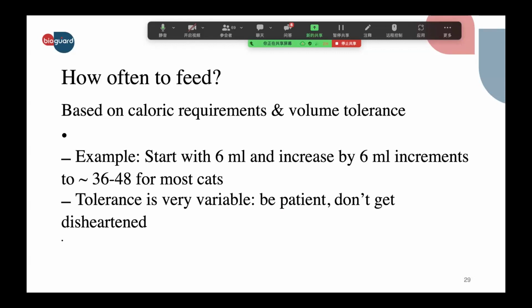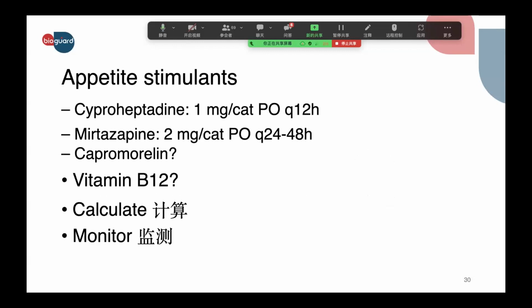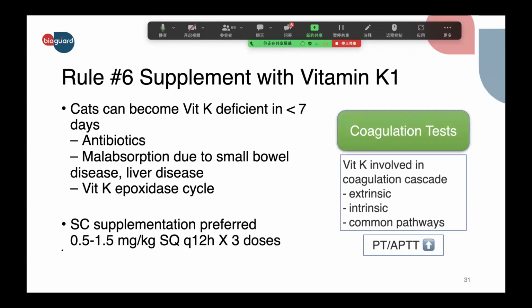Some cats, especially in the beginning stage, cannot tolerate more. So we need to be patient, go step by step, and increase the amount gradually. And the appetite stimulant we already talked about previously.